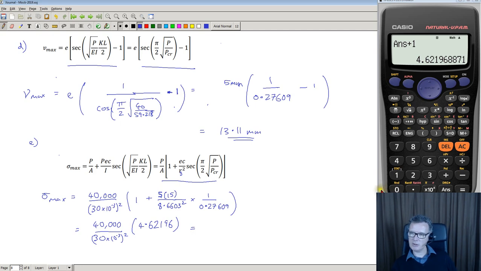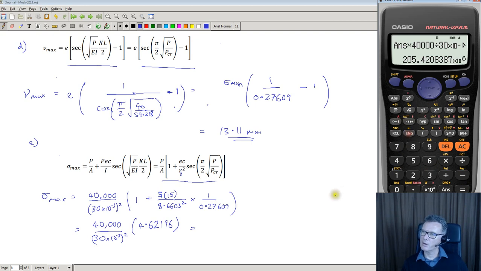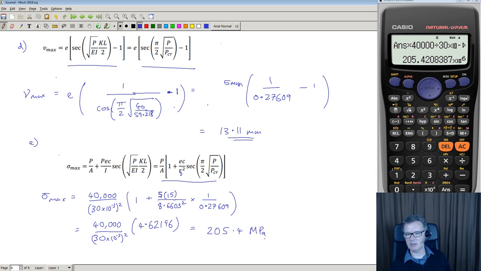But your regular stress is getting scaled. 40,000 and your stress is now 205.4 megapascals. So a high stress value you're getting there.